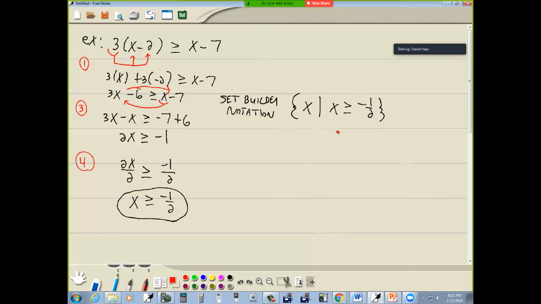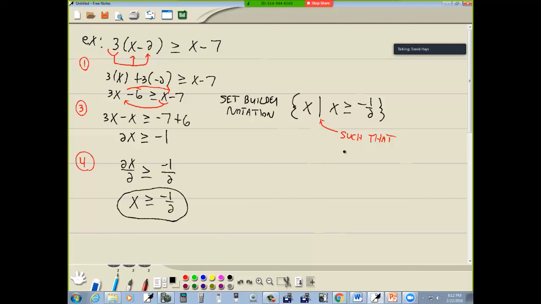Now how you read that: these curly brackets mean a set of. So this says a set of all x values such that this is true.